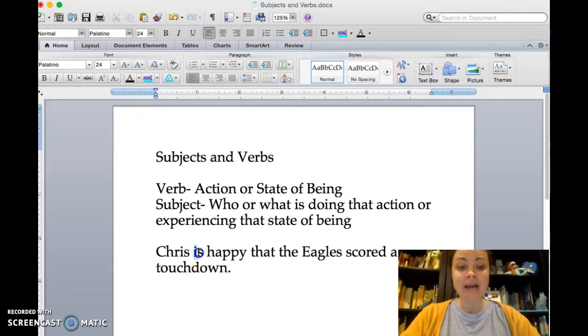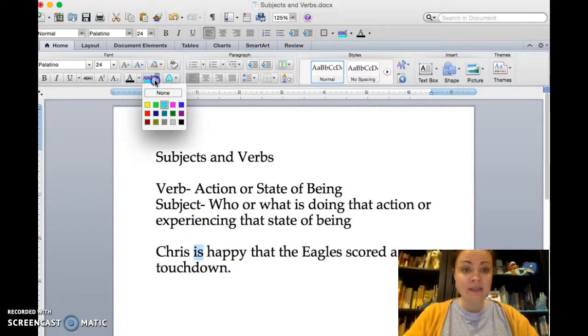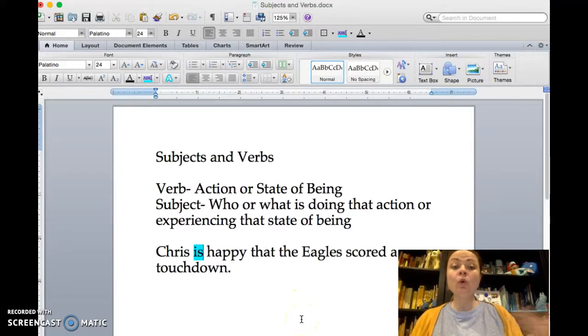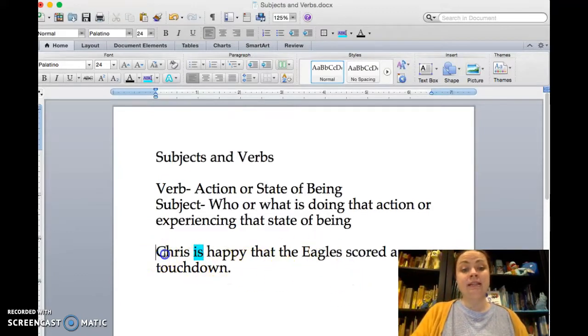Here we have a state of being, is. In this case, is is going to be your verb. So who is experiencing the state of being? That would be Chris. In this sentence, the Eagles are not happy. It's Chris who's happy. So Chris is the subject of this sentence.